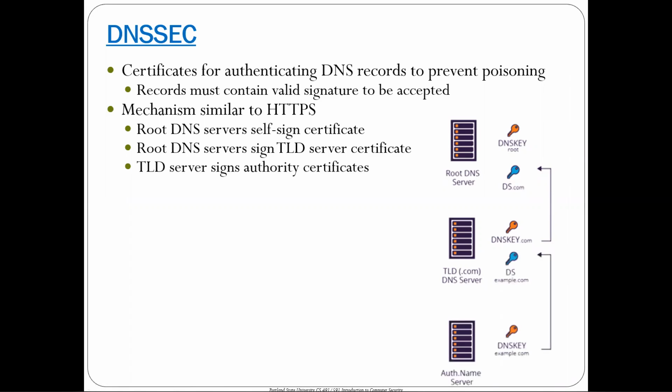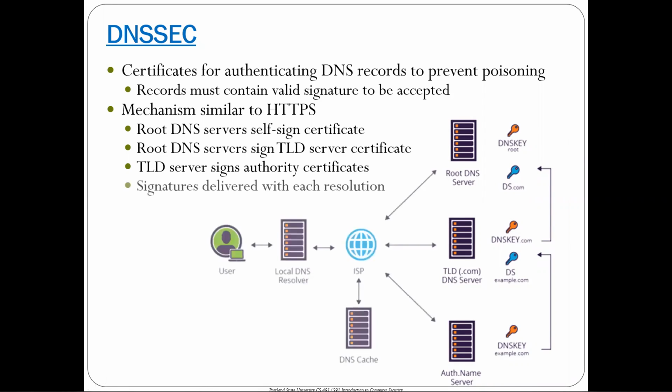Then the authoritative name servers will also want to get their key signed by a TLD server, right? And so you're basically having the root server sign the TLD server, signing the authoritative name server, so that if someone is going to inject a bogus entry in this chain, you'll see that it's not going to be signed by the appropriate people potentially.